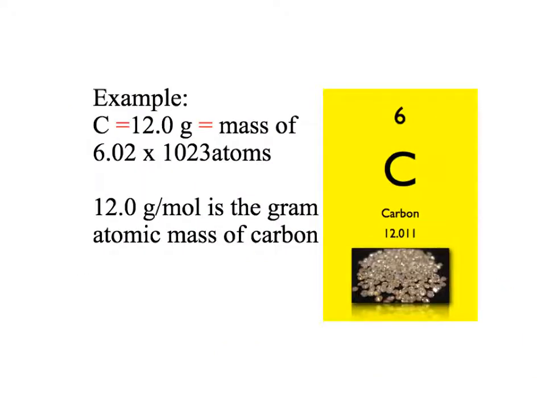So to help understand this concept a little more clearly, let's think of carbon. Carbon is an element that was used to first base this idea of molar weight or molecular weight or atomic mass. If we have 6.02 times 10 to the 23rd atoms, we're going to have precisely 12 grams of carbon. And the reason that carbon is just 12.0 grams and not something like 12.2 or 12.4 is because carbon was used, again, as the basis for this idea of atomic weight.